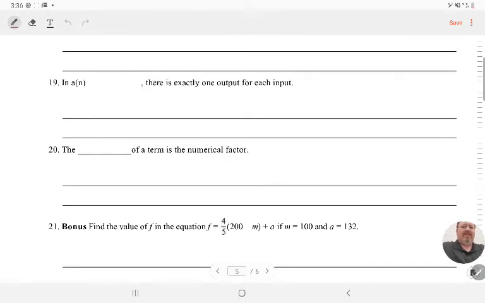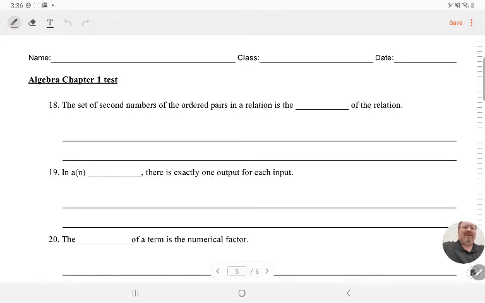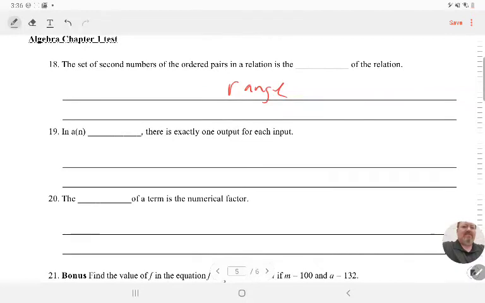Number 18, the set of second numbers of the ordered pairs in a relation is the range. Then we have, in a blank, there is exactly one output for each input. That is a function. The blank of a term is the numerical factor. That is the coefficient.